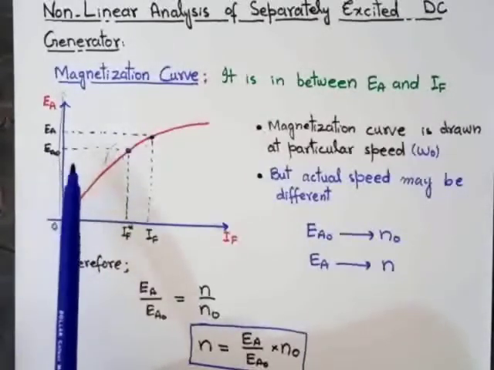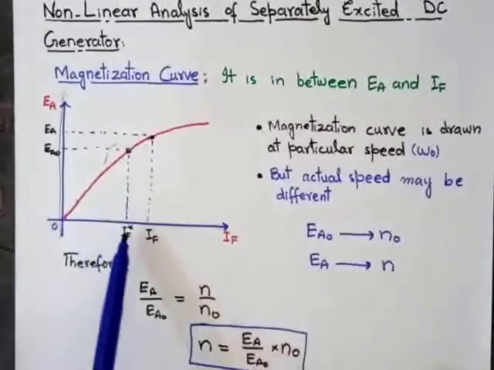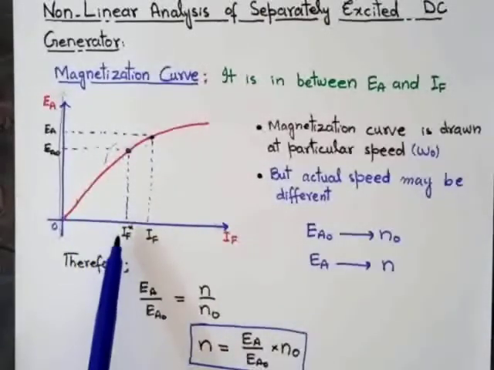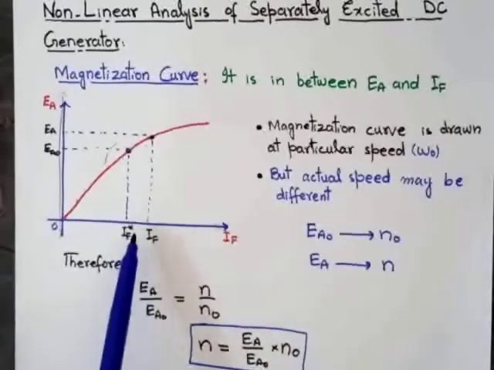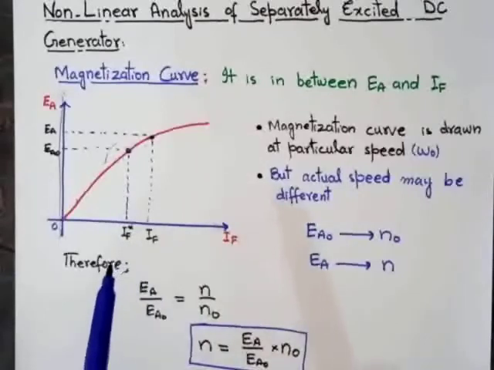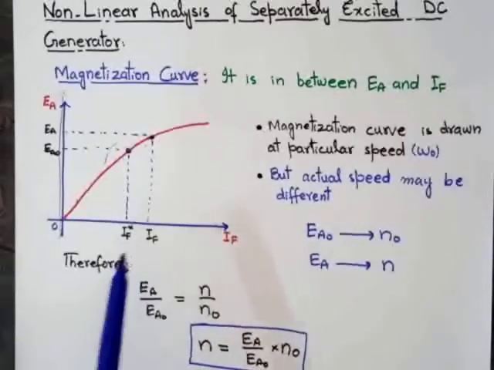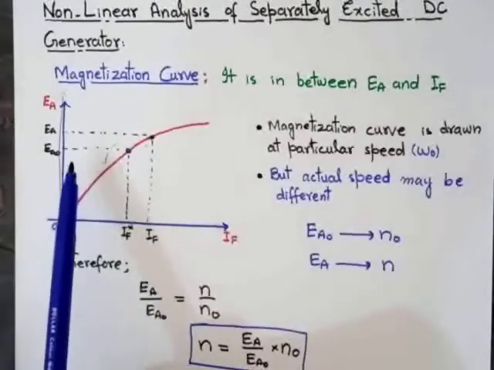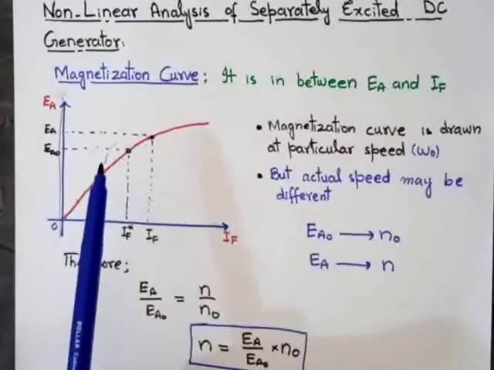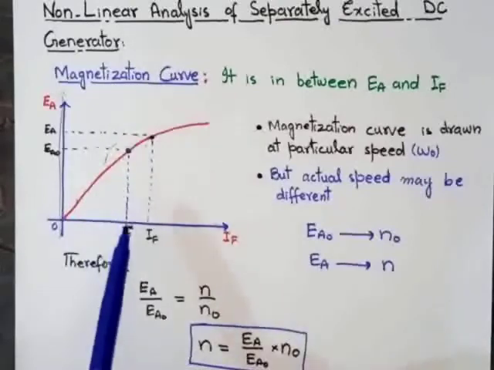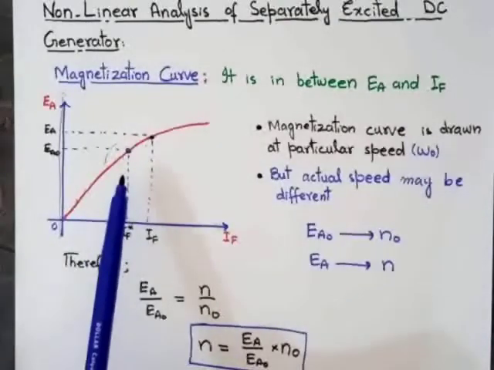Now the question is, how can we calculate the new speed? Because the new or actual speed of the machine changes: due to armature reaction, flux will decrease, and so the speed will change now. How can we calculate the new or actual speed of the machine?